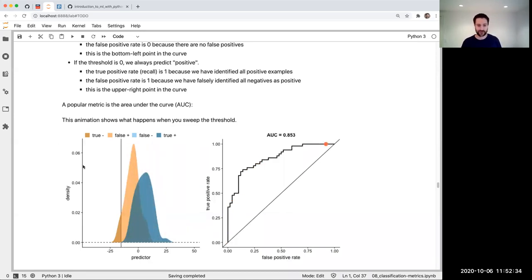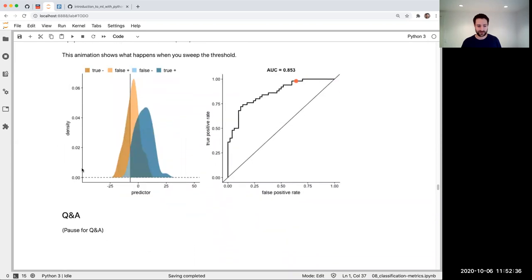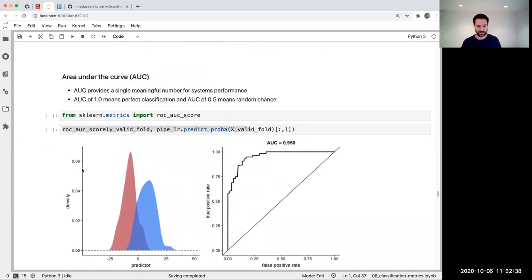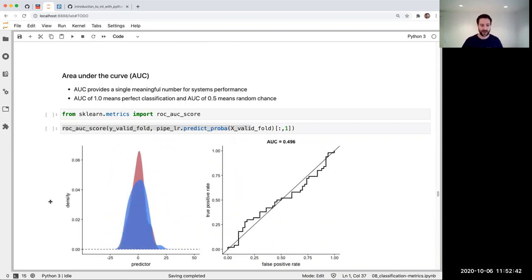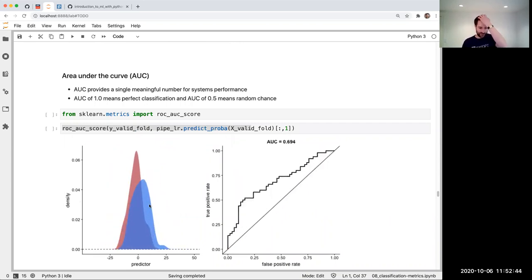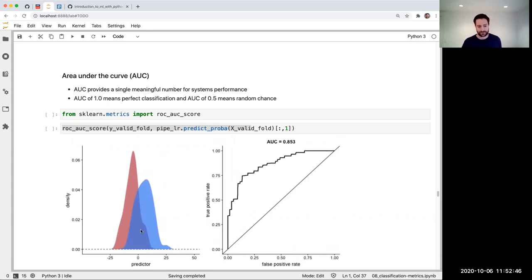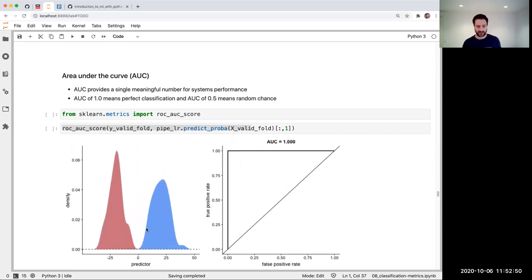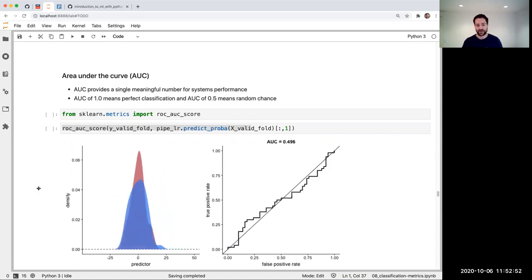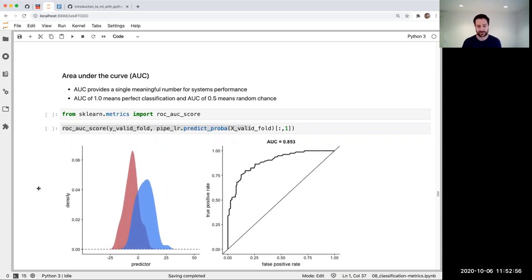Let me start with the second one. I think this is actually maybe a better place to start. So think about it like this. If these two histograms were very separated, like they are here in this moment, what that means is that for all the frauds, our scores are really big.